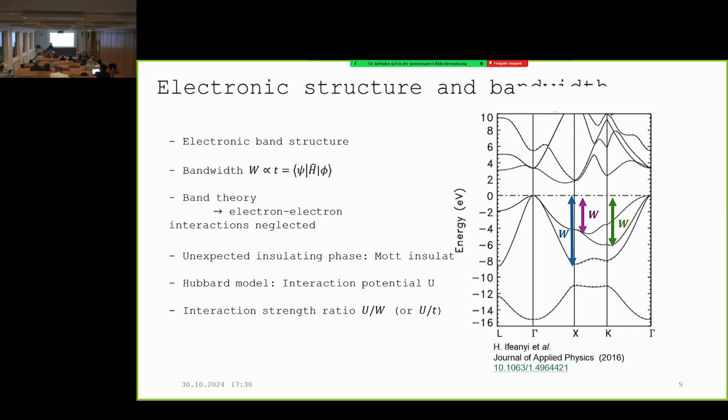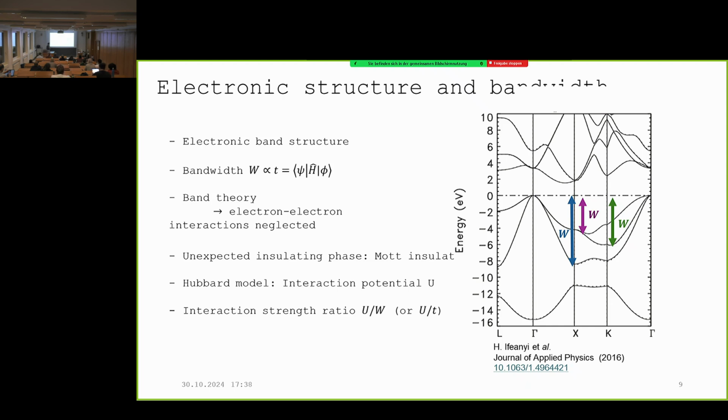So if you've never heard about it, this is what they look like. And this is where we see the bandwidth.